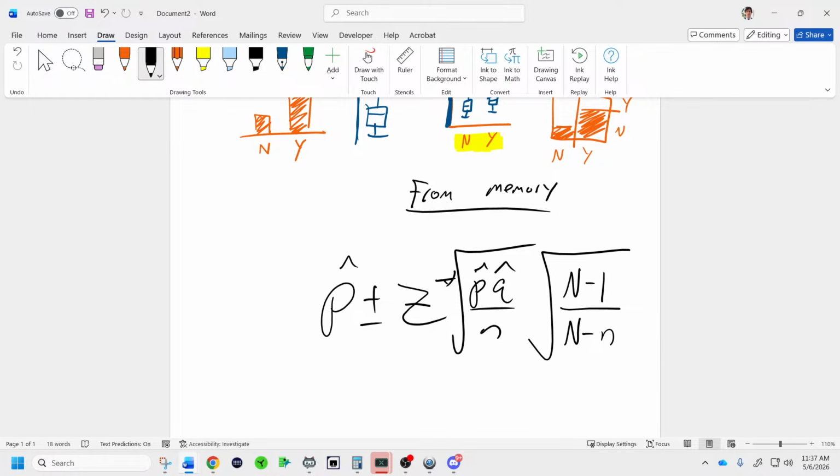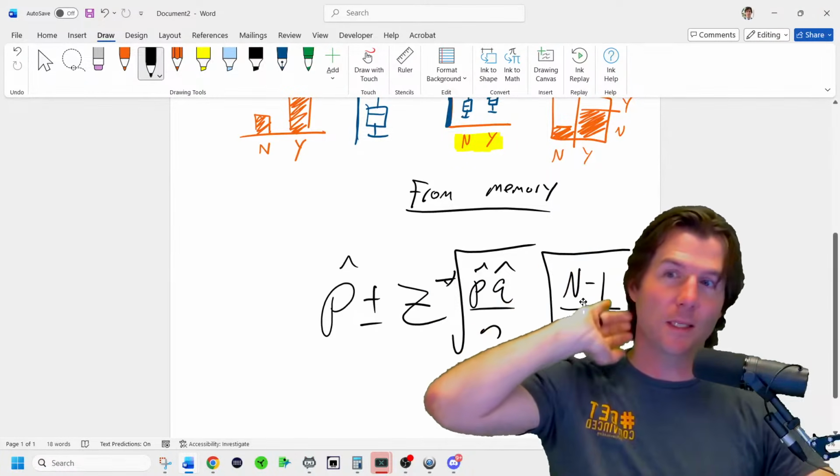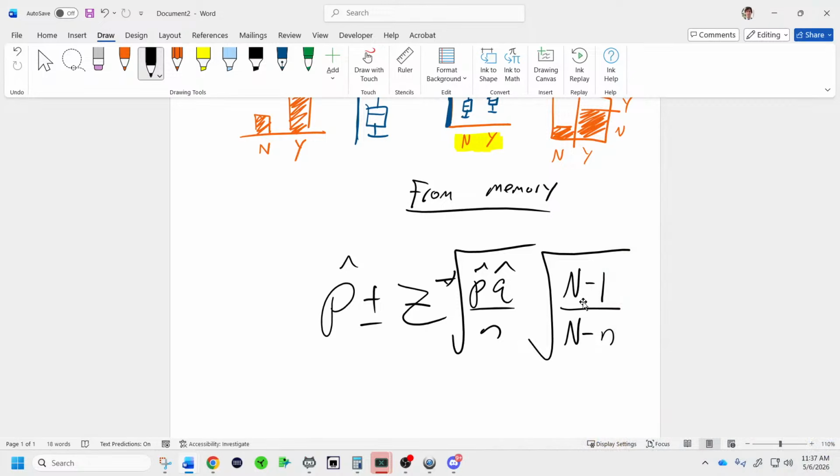If you think about this theoretically, what goes on with this equation? This is beyond the test, not on the test, but for anyone who wants to know why it's the 10% condition: when you start to sample a lot of your population, your n gets about as big as your capital N. Actually, I reversed the numbers, darn it, because that doesn't make sense mathematically.